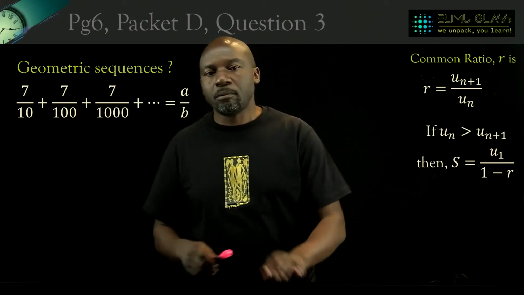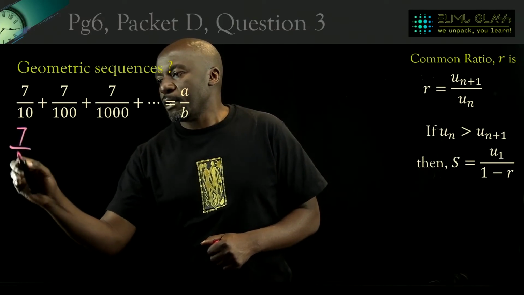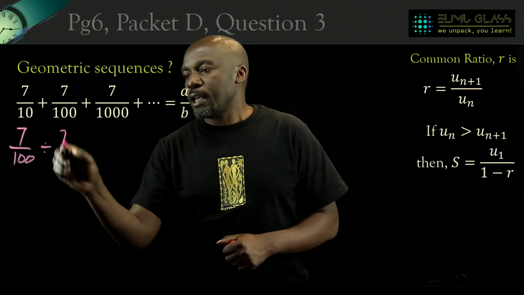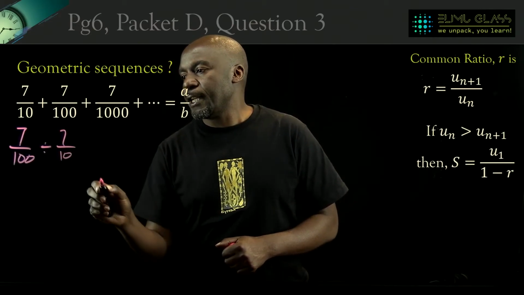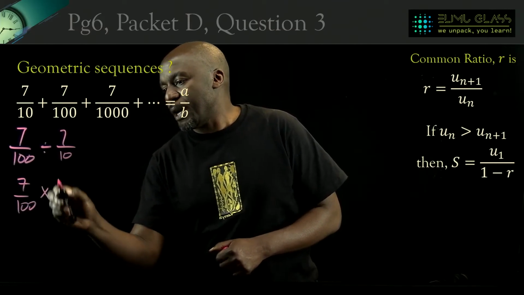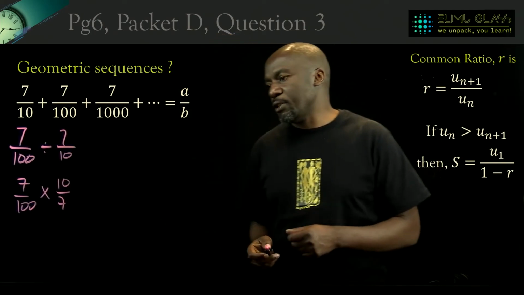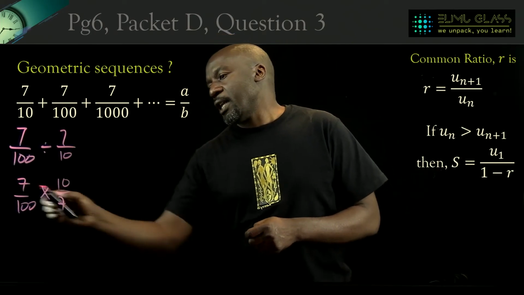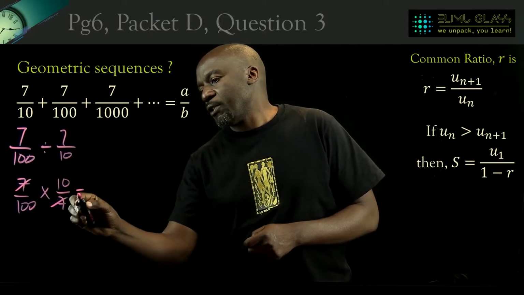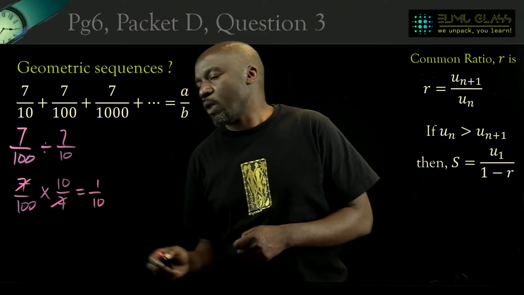So 7 over 100 divided by 7 over 10 is 7 over 100 multiplied by 10 over 7. Our knowledge of application of fractions, the 7 cancels with the 7, and 10 divided by 100 is 1 over 10. So this indicates that the ratio is 1 over 10.